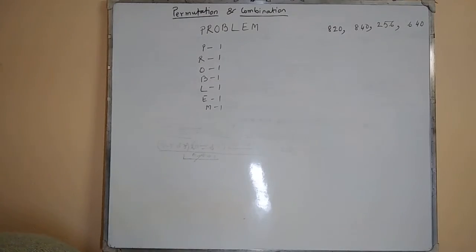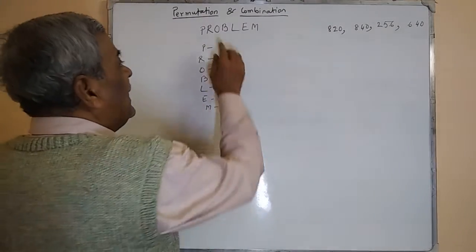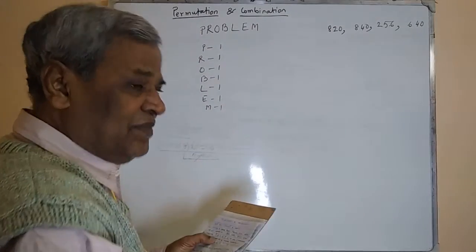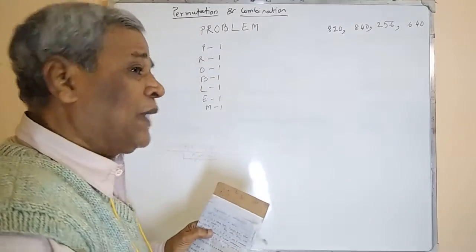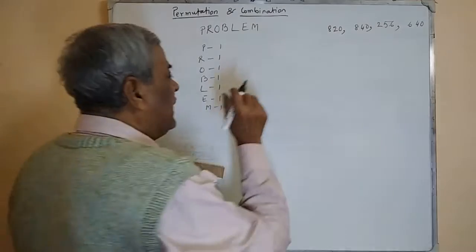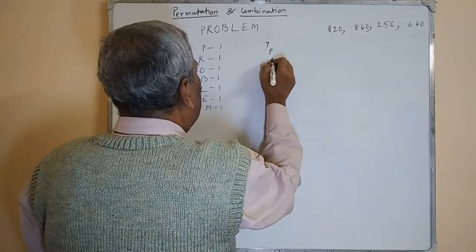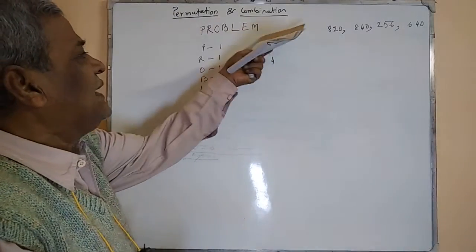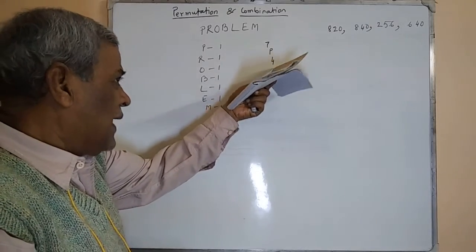There are altogether 1, 2, 3, 4, 5, 6, 7 letters, and you have to choose 4 at a time. So very clearly the answer is 7P4. They are all distinct, so you have to choose 4 at a time.